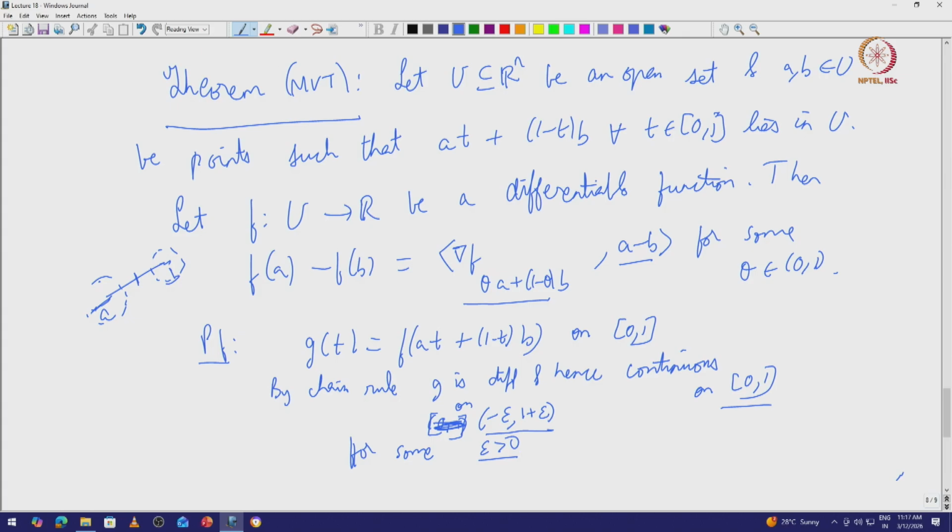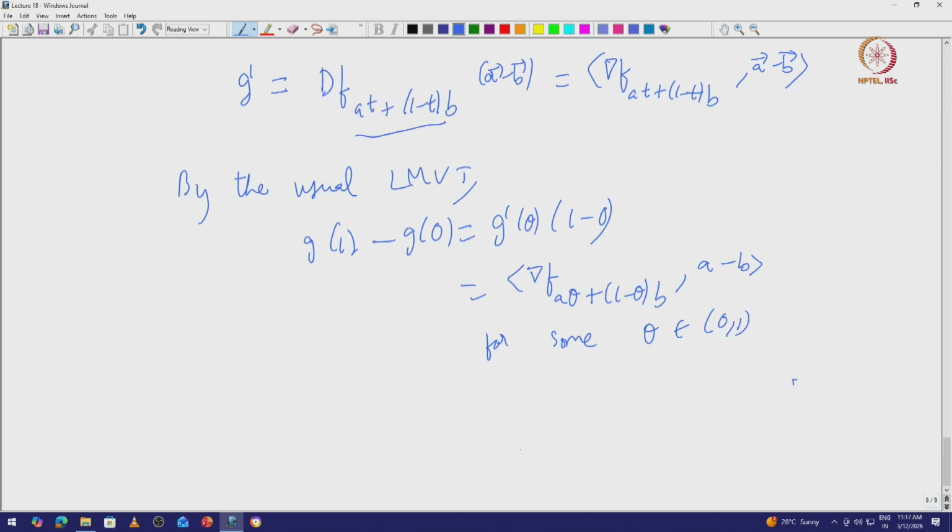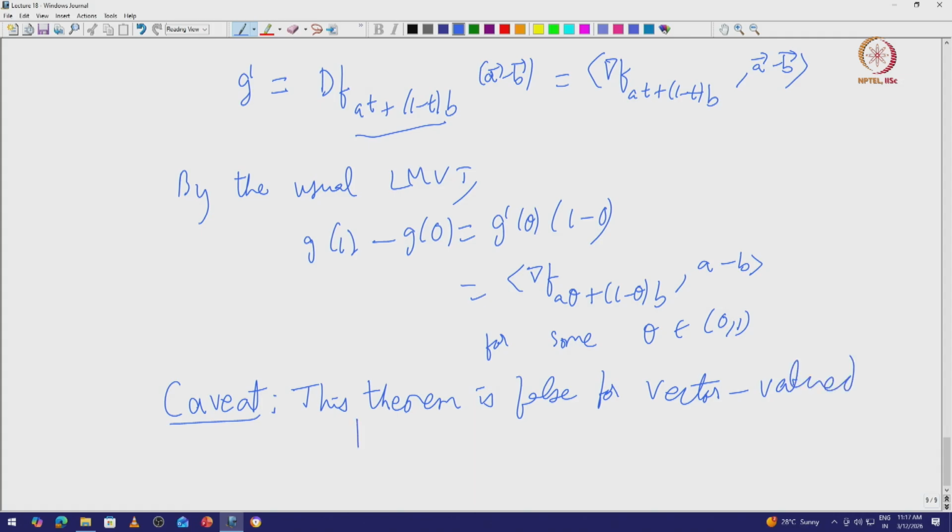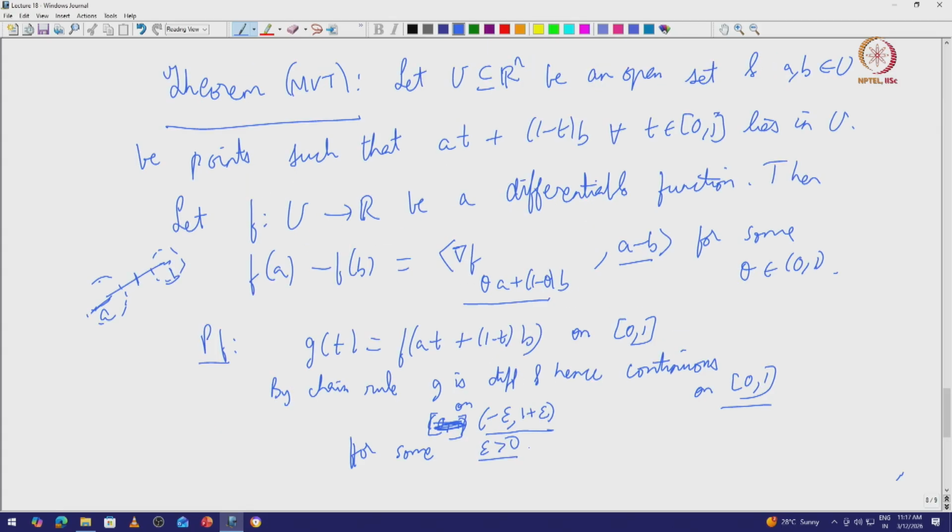One caveat here, a very important cautionary point. This theorem is false for vector valued functions. So this theorem is not true for vector valued functions.